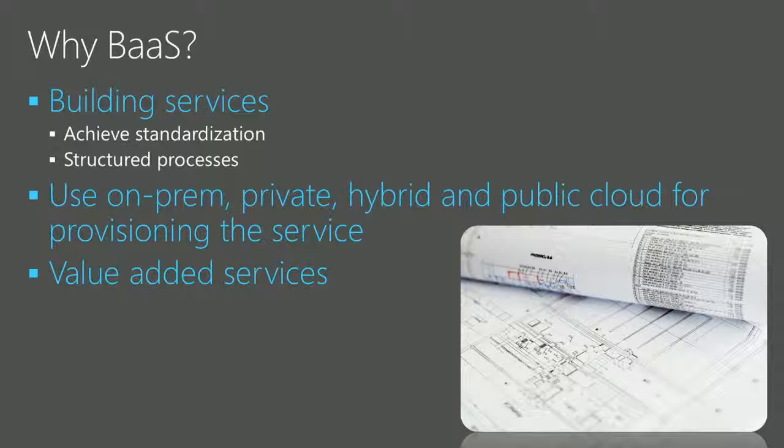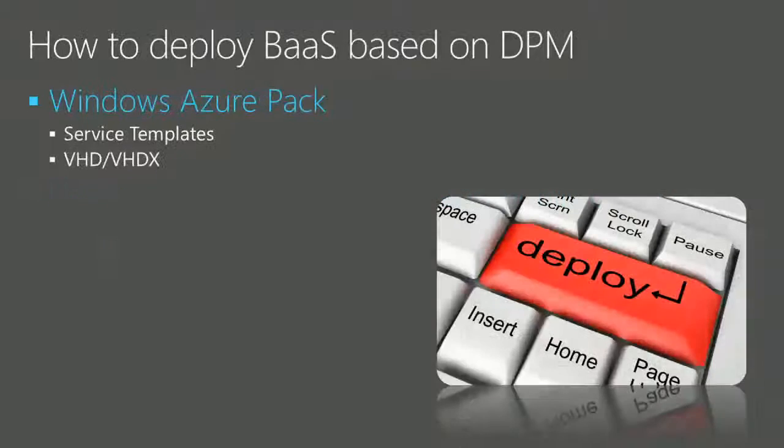Now, how would we deploy BaaS based on DPM? So regarding the deployment with BaaS, for BaaS to work, you need to have DPM servers provisioned in your data center, okay? So there are different ways of doing this. There are two different ways. You guys are familiar with service templates?